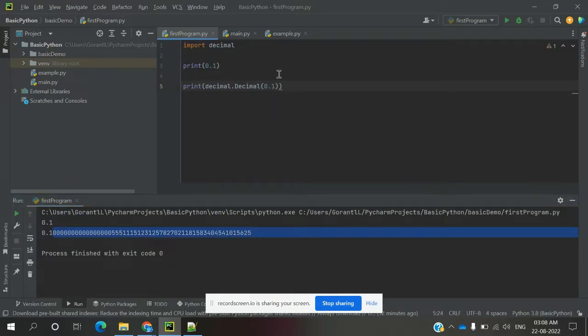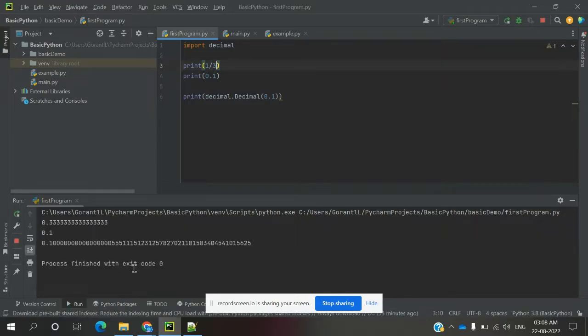And as in the previous section, I'm running print 1 divided by 3 also. You can see now 0.33333 and so on. These are the values, correct.